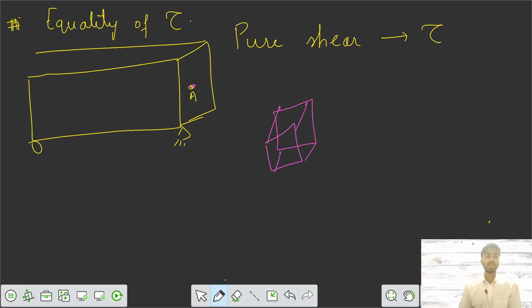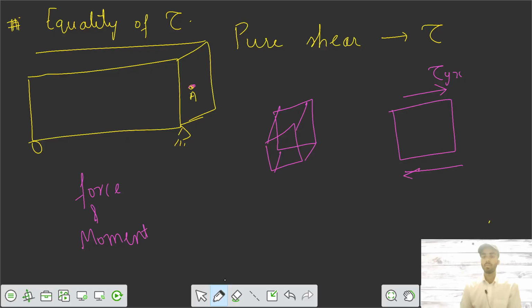Then, using the concepts of force and moment equilibrium, we were able to say that if tau is acting on this plane, it has tau yx. The tau yx has to be applied in this direction also, in the opposite direction, to maintain the force equilibrium.